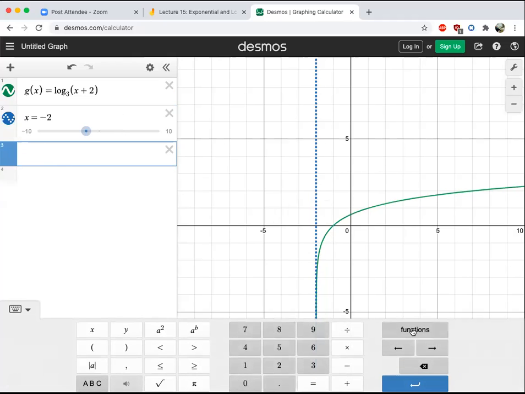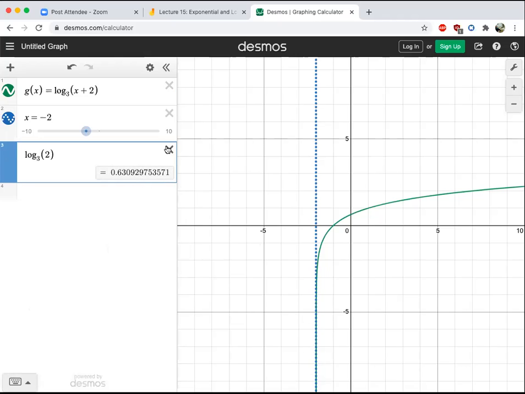I'm going to get the log base 3 back again, and then put 2 inside here. And indeed, that does give me that 0.631 that I was looking for. So that's a way you can figure it out if you don't have a whole number that you can judge from.